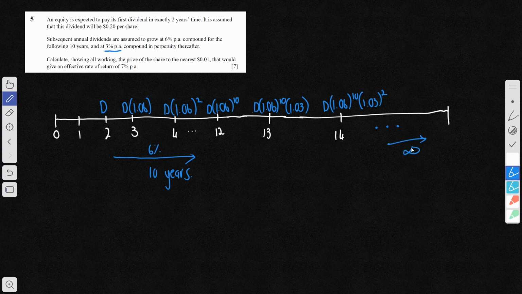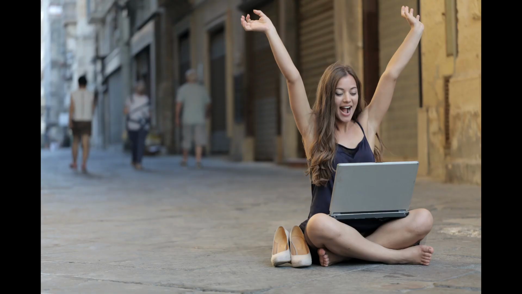A good timeline is a key component to solving these types of questions. Well done if you understand this and you've gotten to this point. It's a big step in the process, putting this wordy problem into a timeline, and that enables us to write the equations. So it's a very key part of solving these types of problems.